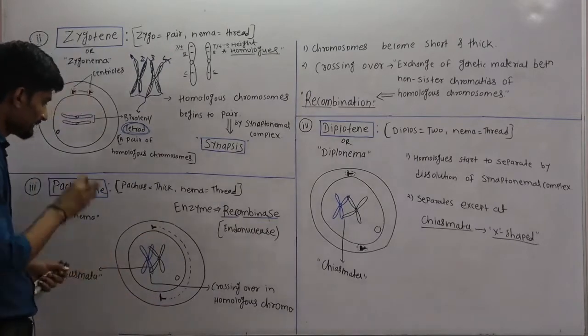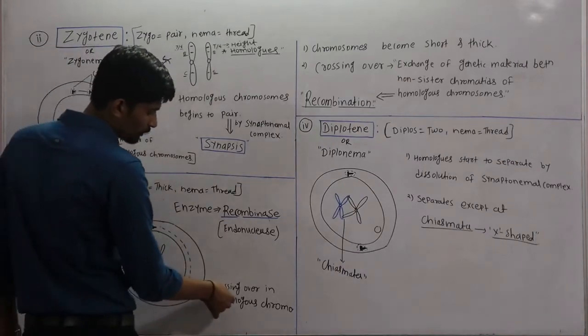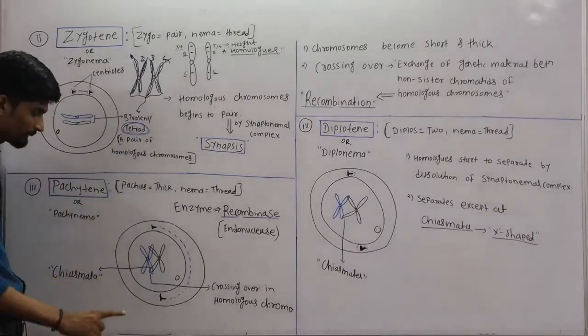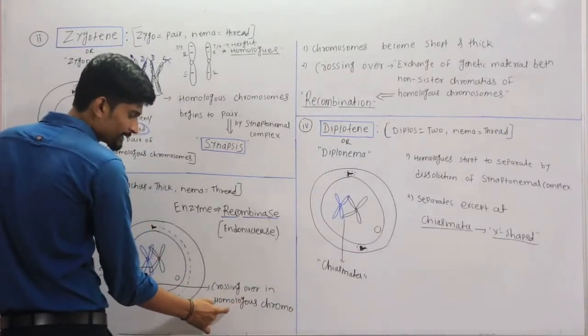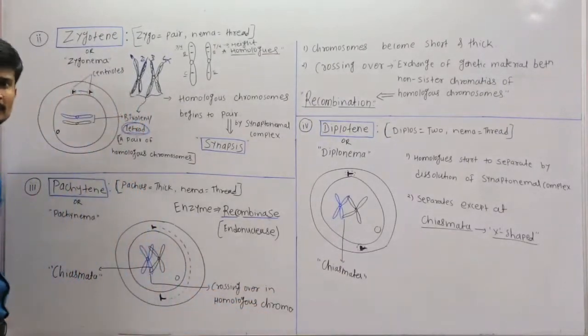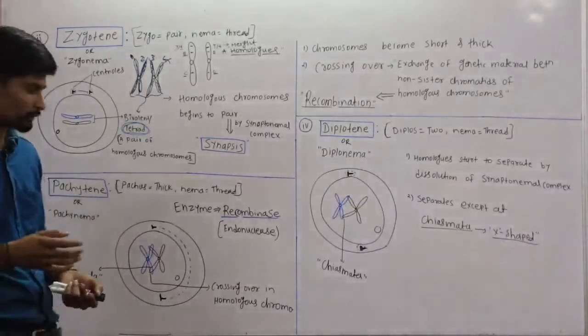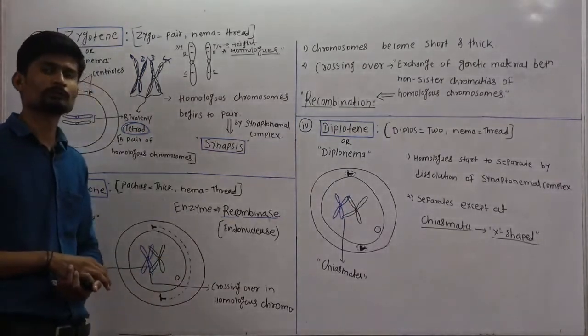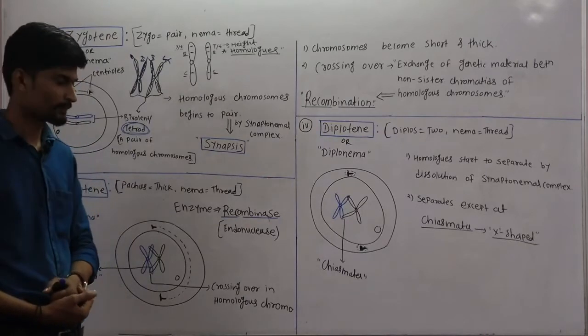So now in the Pachytene stage, the important topic is crossing over. So what happened in Pachytene? There is a crossing over in the homologous chromosomes. Pairing of homologous chromosomes takes place in the zygotene stage. Crossing over in homologous chromosomes will take place in the Pachytene stage.